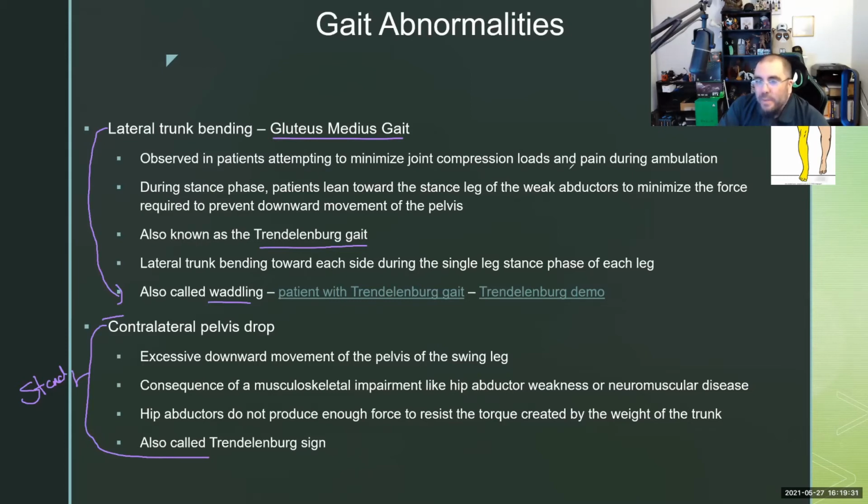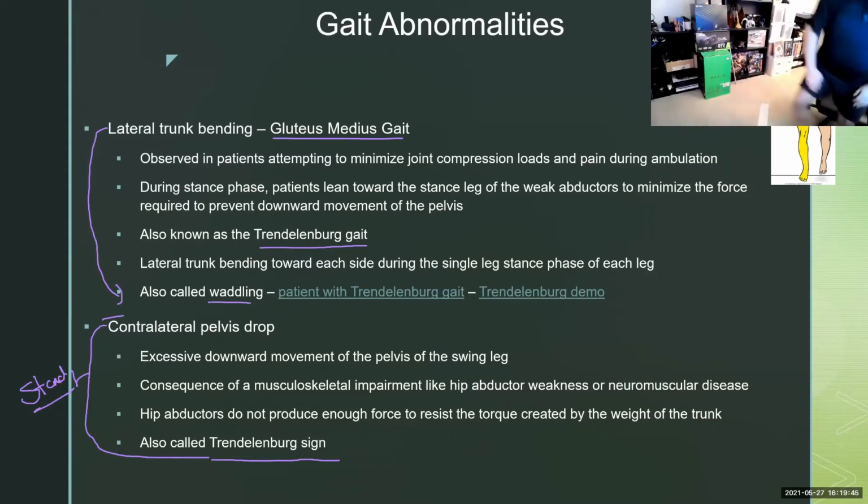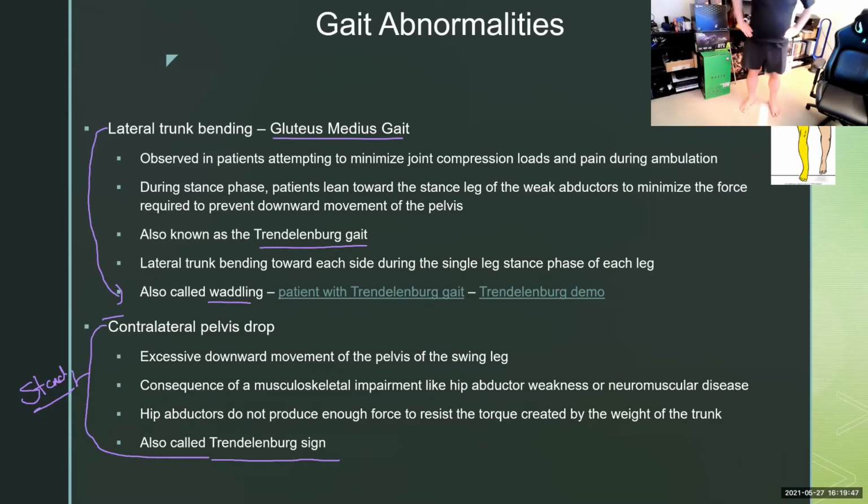So what happens with Trendelenburg sign? Down here we have the Trendelenburg sign, which again is in stance phase. So if I shift my camera again, when I have Trendelenburg sign, you're going to have me lift one of my legs. Now, when I lift one of my legs, what should happen is the contralateral, the opposite side's glute med should contract and hold.